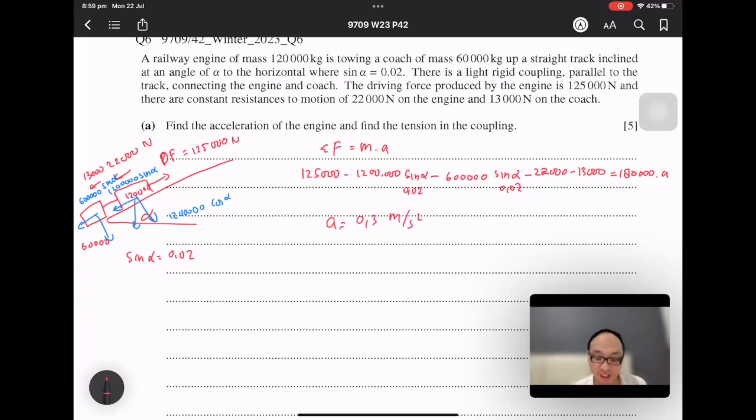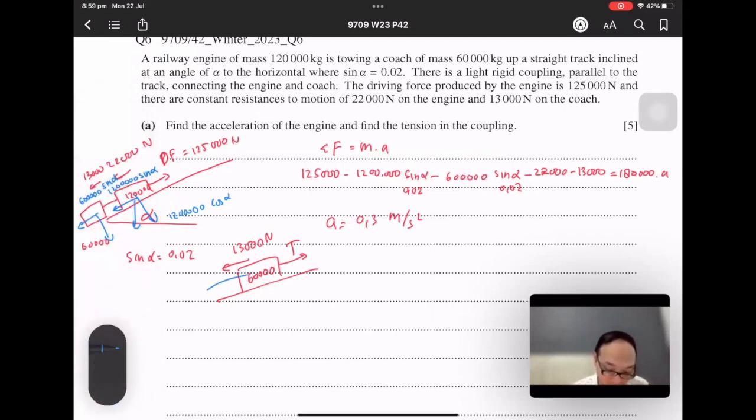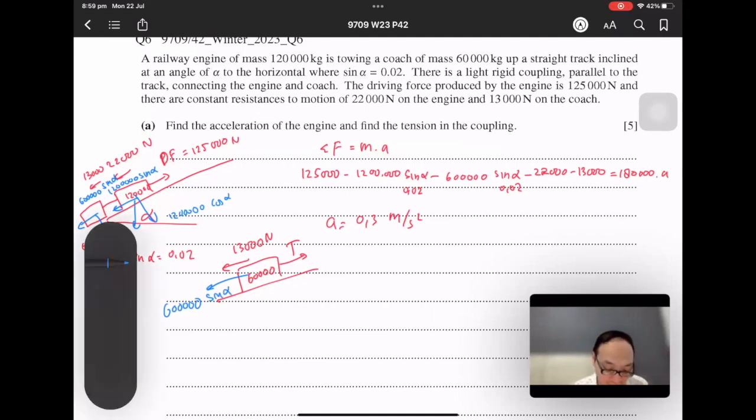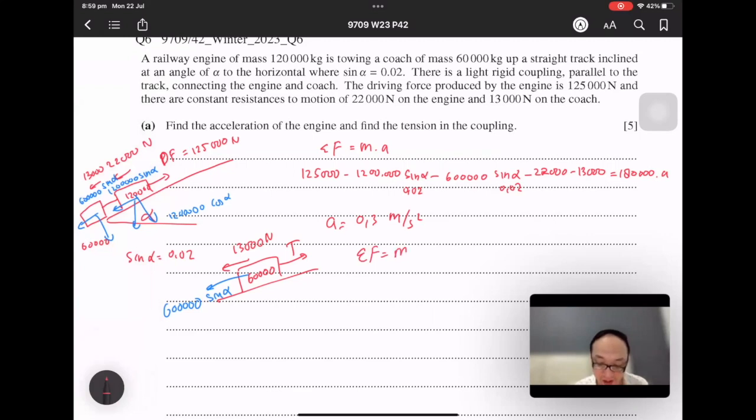And for the tension, I can see this one, the tension. This is the 60,000 kilograms coach, with 13,000 for the resistance, and I have the weight component here as 60,000 times 10 sine alpha. So sigma F equals ma.